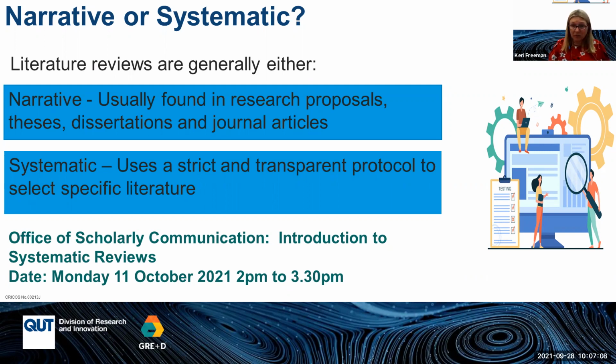You could potentially publish a systematic literature review, particularly if you are looking at doing thesis by publication. That could be something that your supervisor suggests. So we're not talking about exactly what a systematic literature review involves, because there's a lot of strict protocols that you would have to go about.